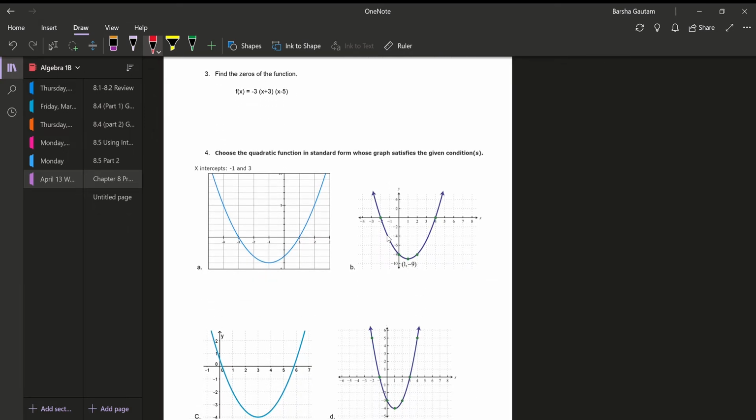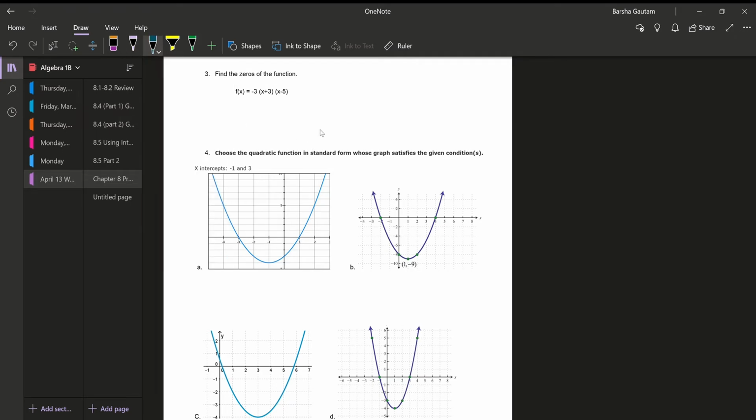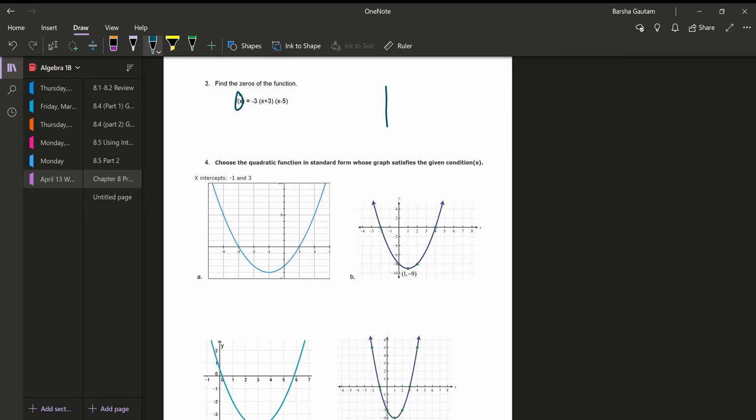Find the zeros of the function. Let's do a different color maybe. Alright, so we're going to change f of x to 0, because that is how you find the zeros of the function. We're going to create our table. So our first equation is x plus 3 is equal to 0.